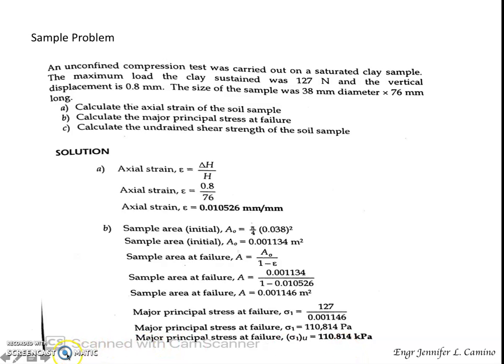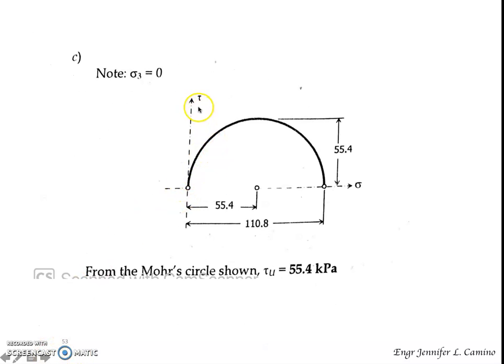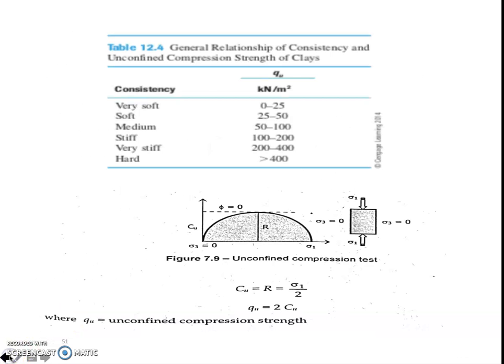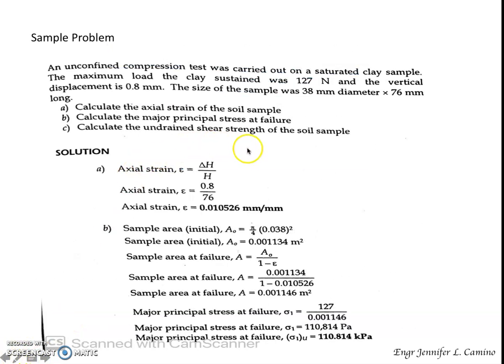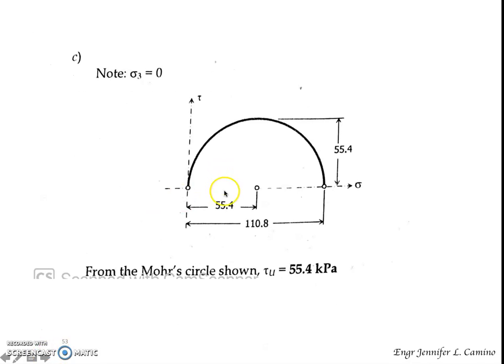Since we don't have a confining pressure, sigma sub 3 is equal to 0. So this is our figure for our problem. Therefore, if we try to get the value of the undrained shear strength of the soil sample, that is actually equal to our radius.